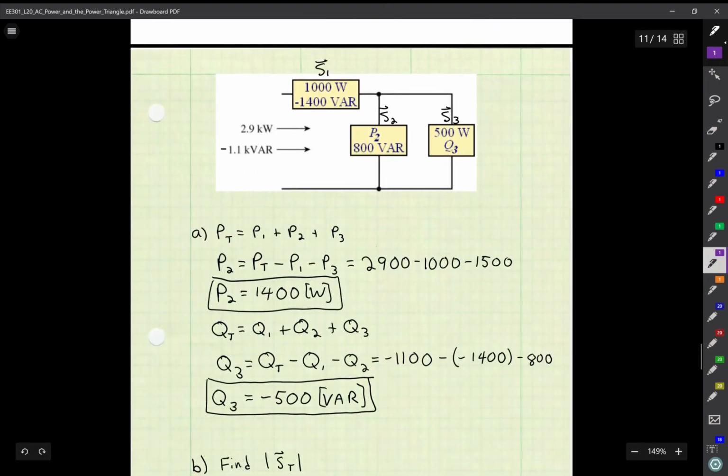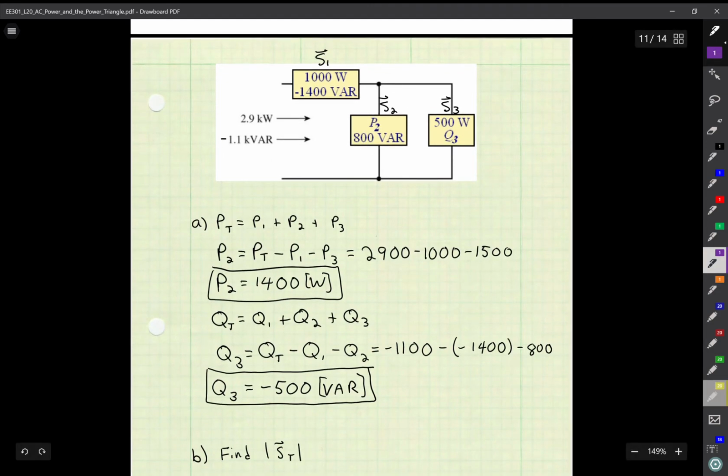All right, so let's just redraw it. I want to give myself a little bit more space, and I wrote it down beforehand so that we can save some time and really get to the point. If you recall, this is my total real power in watts. The second value is QT, my total reactive power in kilovars, and the top one is in kilowatts. The total power in this circuit is equal to the sum of all the individual complex powers of the elements in that circuit.